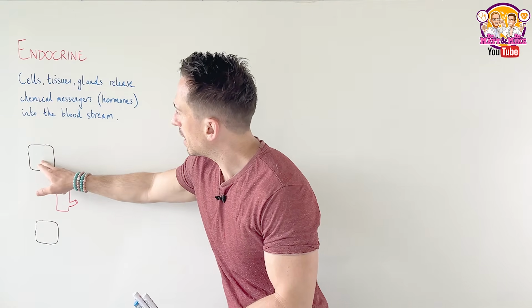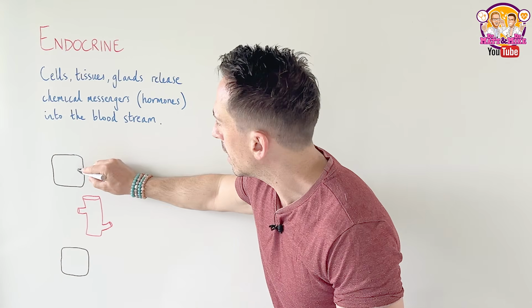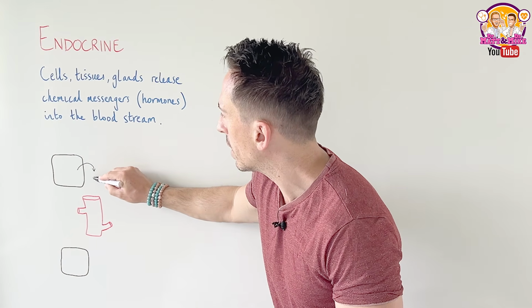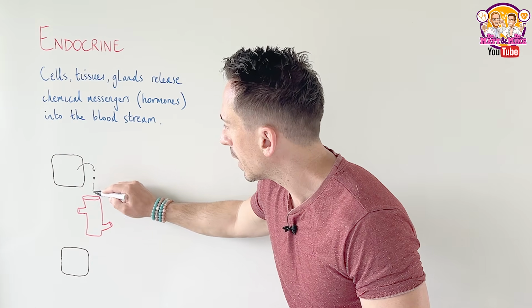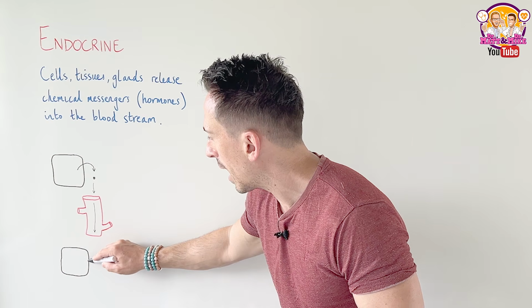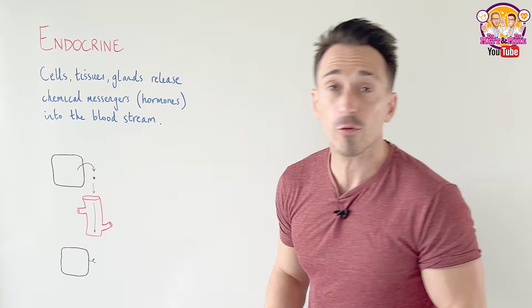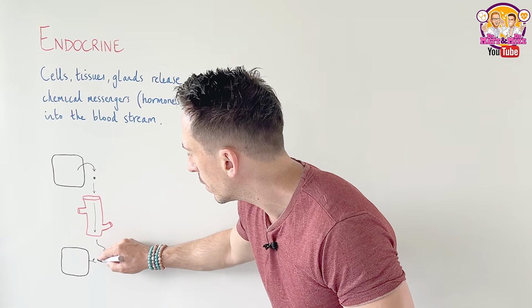So if this is an endocrine cell, tissue, or gland, it's going to be releasing a chemical messenger, like I said, which we call a hormone, which will jump into the bloodstream and travel to other tissues that will have receptors specific for it, so it can bind to it, right?